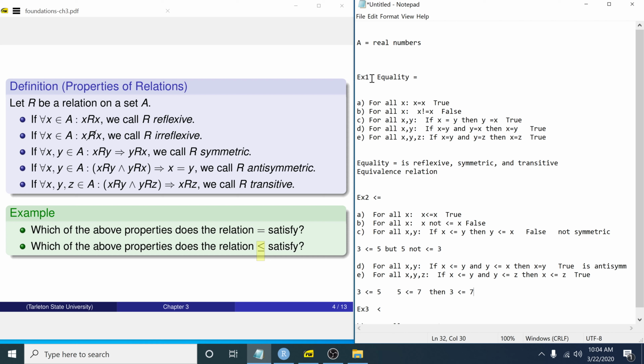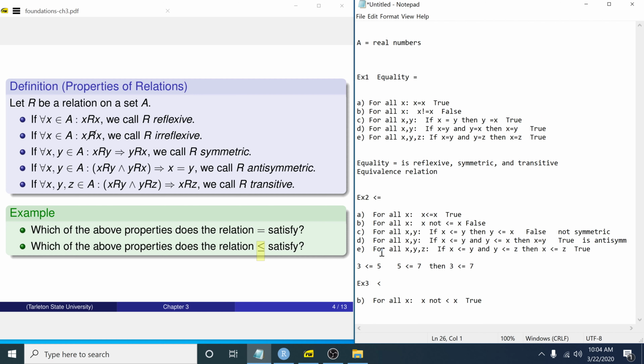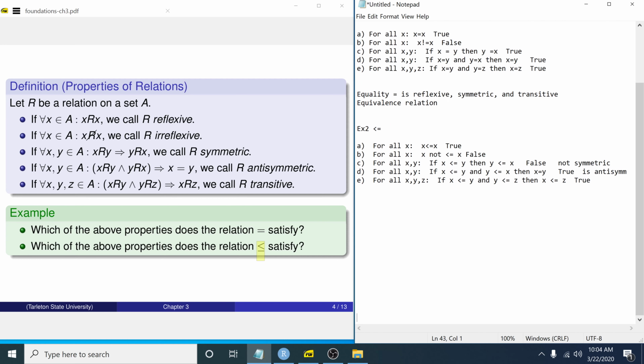Now, when we talked about equality, I mentioned that equality has the property that it is reflexive, symmetric, and transitive, and any relation having these three properties is called an equivalence relation. So on this one, let's focus in on some of the properties that the less than or equal to relation has.